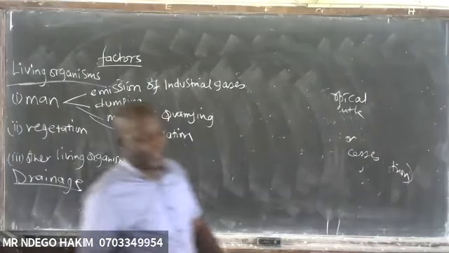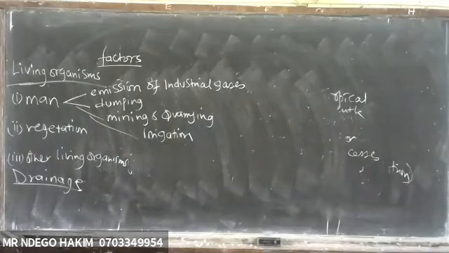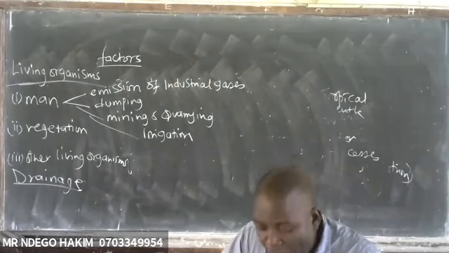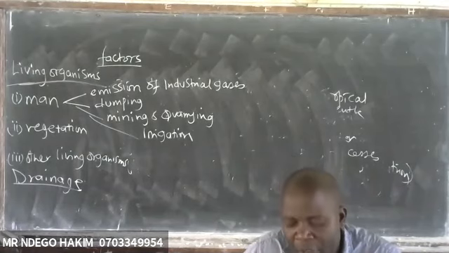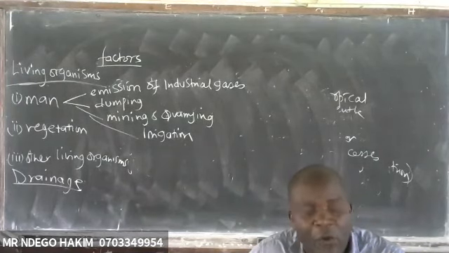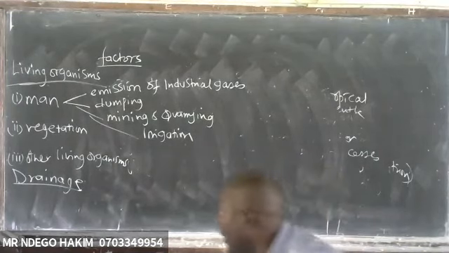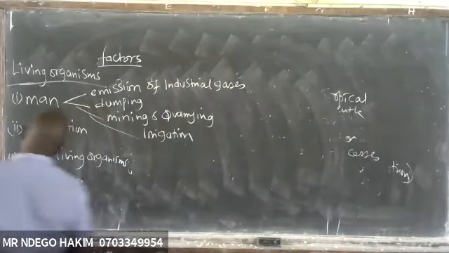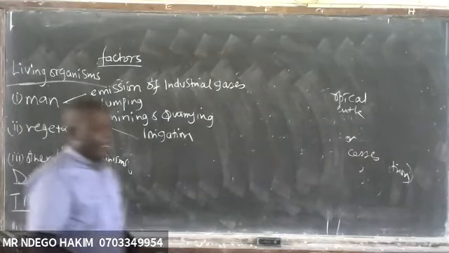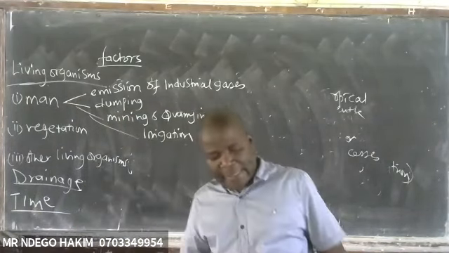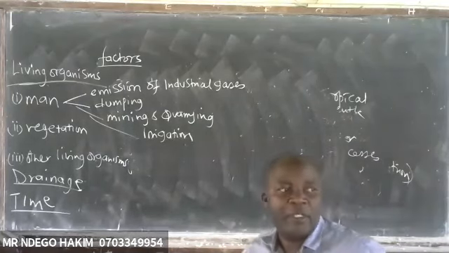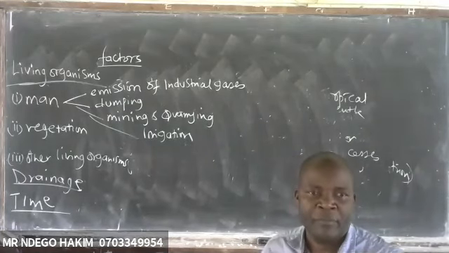Poorly drained areas like in floodplains, chemical weathering is dominant in the form of hydrolysis, hydration, reduction, which help to decompose the rock. And then we can say the last one is time. Chemical weathering is a slow and very long process which needs sufficient time.